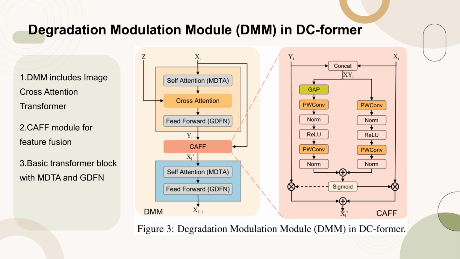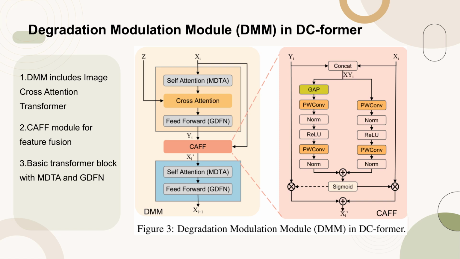Figure 3 illustrates the Degradation Modulation Module, DMM, within the DCFormer architecture. The DMM is composed of an Image Cross-Attention Transformer, yellow box, a Concatenate Attention Feature Fusion, CFF, module, and a Basic Transformer block, blue box, from Restormer.